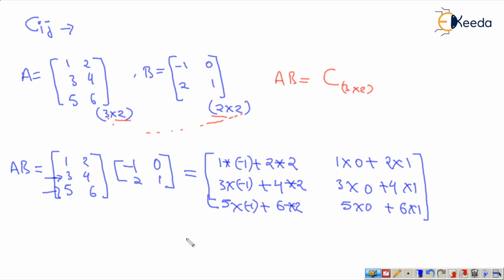This will give us, after multiplication and sum, this is 3, this is 2, in fact these all are the same, so this is 4, 6, and then 8 and 5, and 12, 7. So this is your C matrix, which is of the dimension 3 cross 2 with such and such elements, right?